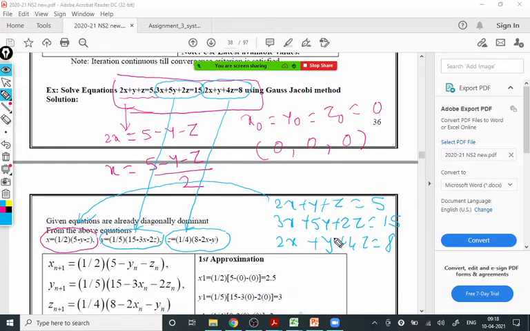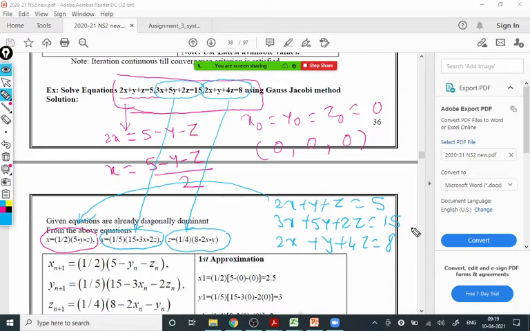The purpose of diagonal dominance is that whenever the system is diagonally dominant, convergence is assured; it is a necessary condition, I'm not saying it is sufficient. It is only a necessary condition for the convergence of a solution. So whenever the system is not diagonally dominant, we may not get a correct answer there.